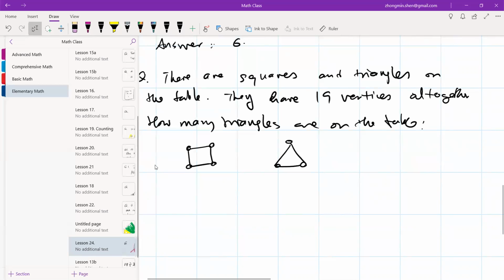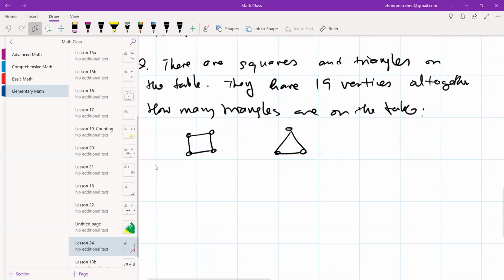You got 1 solution: 4 squares, 1 triangle. Yeah, 1 or 5, that's correct.